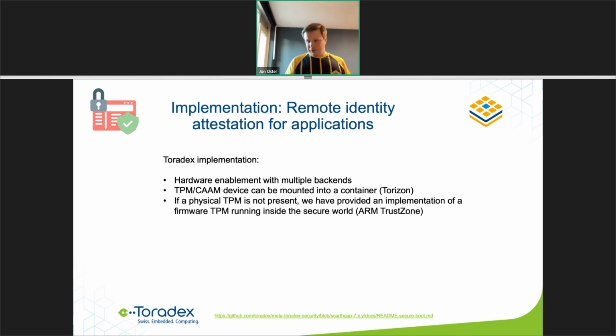Or if you have a TPM chip, as long as you enable it in your device tree, you can still use it. The essential idea here is that we're going to make that interface available to the application in whatever way is recommended by the particular architecture you're using.